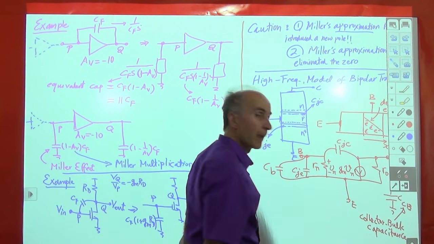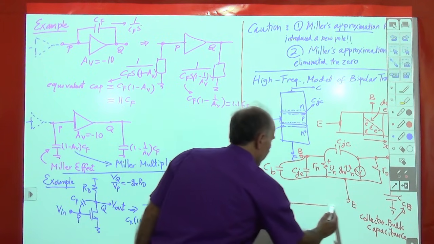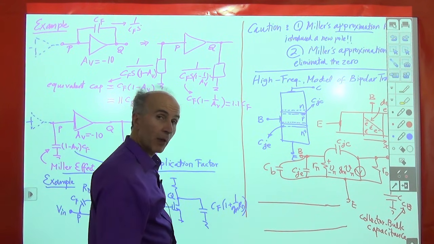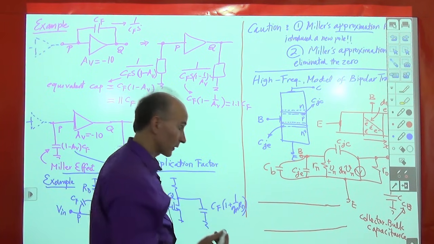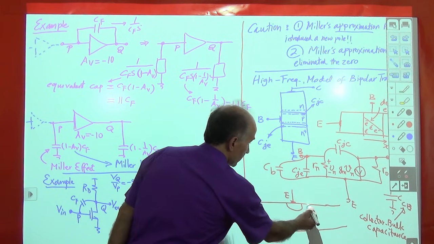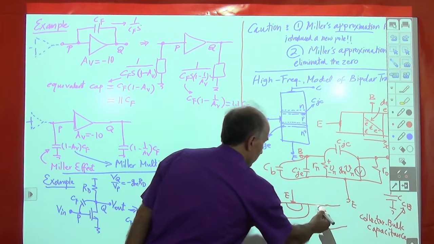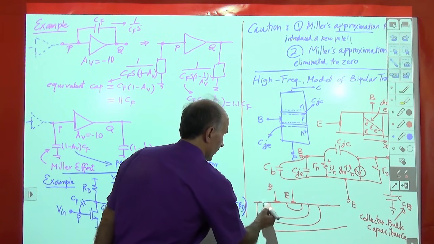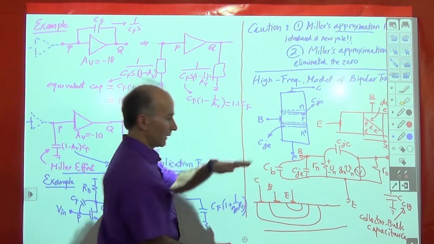That arises because, if I look at the structure of a bipolar device built on a wafer in an integrated circuit, we have the emitter up here with a contact, the base right under it with a contact, and then the collector right under it with a contact. All of these have to be contacted from the top of the wafer, we cannot contact from the bottom.